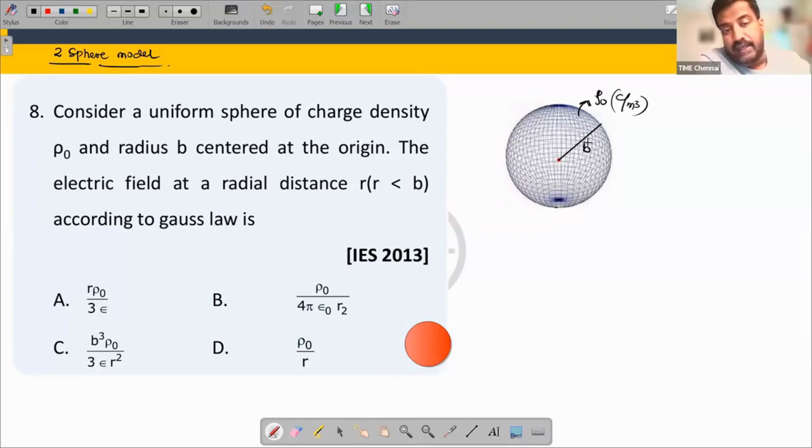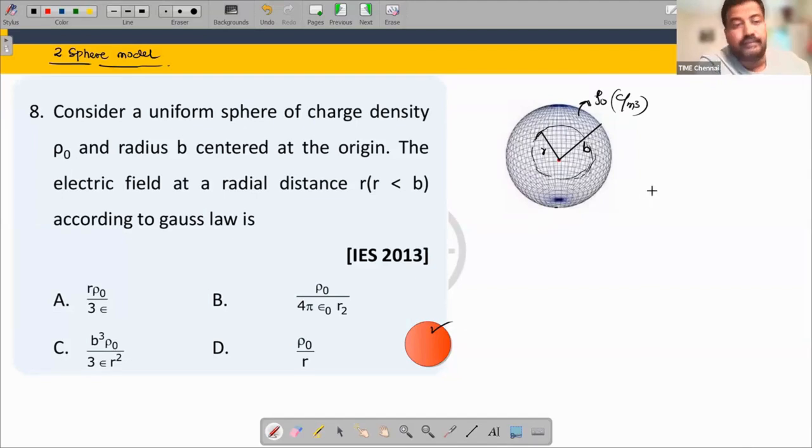The electric field at radius r, at this radius, I have one more small sphere like this.